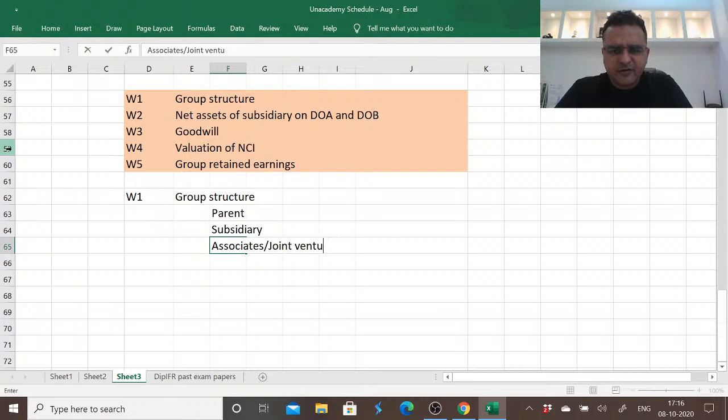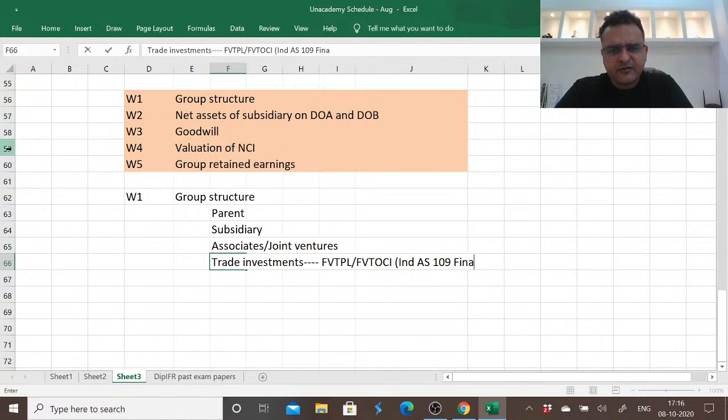if there are normal trade investments, you can highlight them as well, whether they will be measured at FVTPL or fair value through OCI. This is covered in Ind AS 109 Financial Instruments.